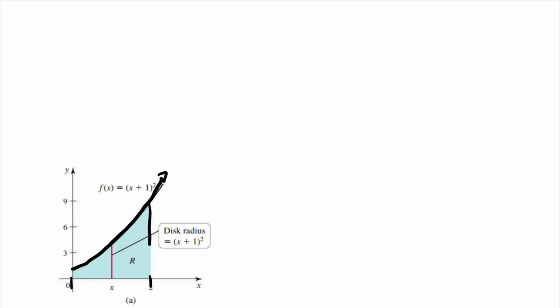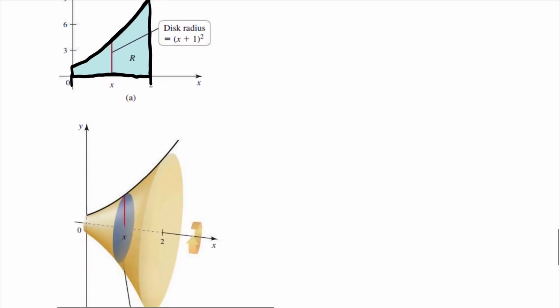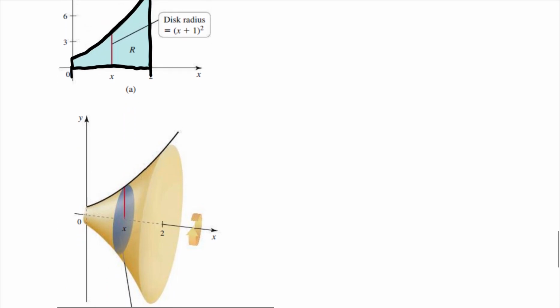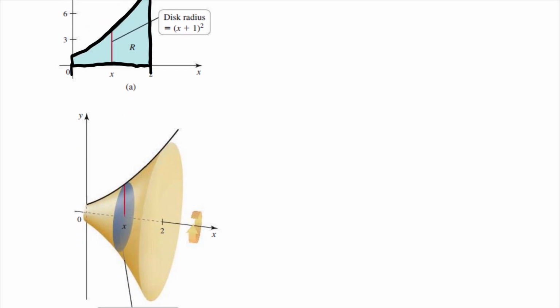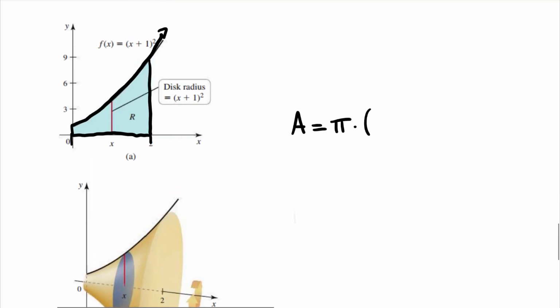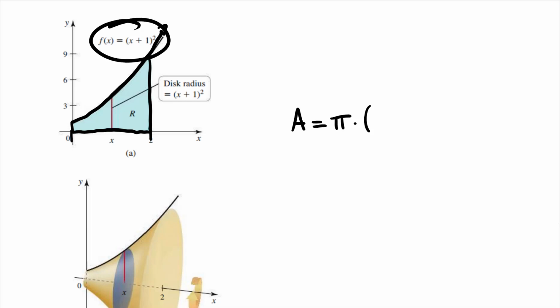So we have this region that we're going to revolve about the axis, and it looks like some sort of horn. Let's set this up. Our area function is pi times the radius squared, and the radius is our function, so we take x plus 1 all squared and square it.